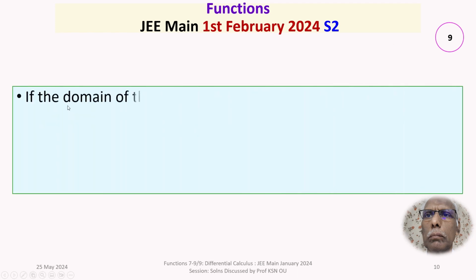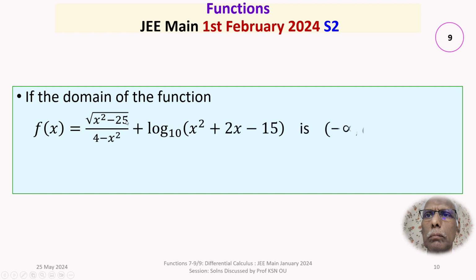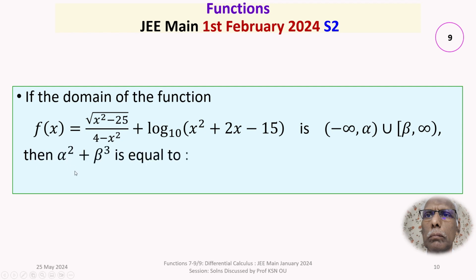The given question is: if the domain of the function f of x is equal to the square root of (x square minus 25) by (4 minus x square) plus log of (x square plus 2x minus 15) to the base 10 is the open interval minus infinity to alpha union the semi-closed interval beta to infinity, closed at beta end, then alpha square plus beta cube is equal to.